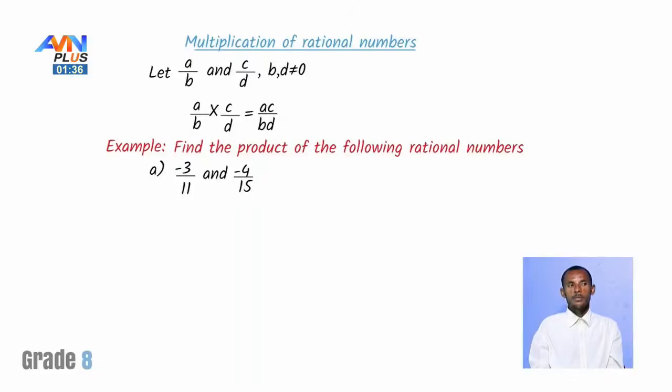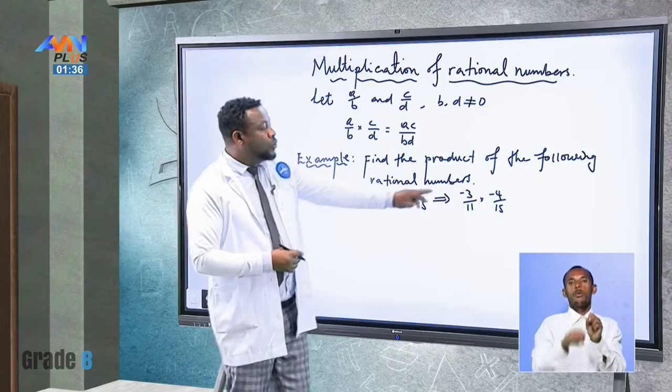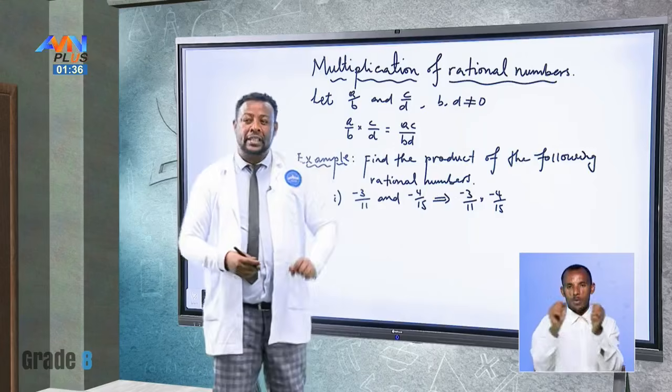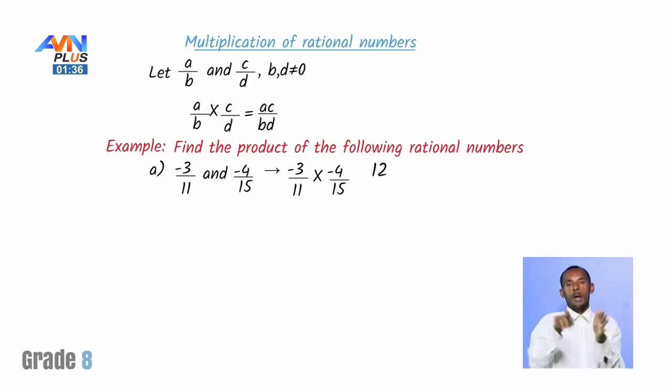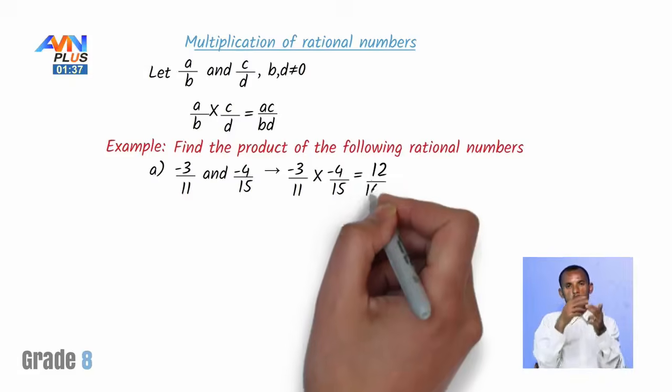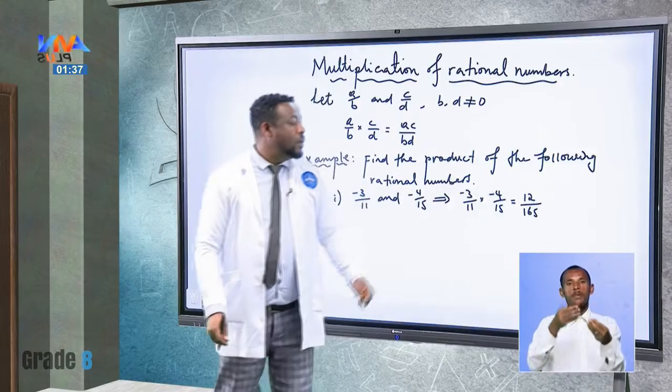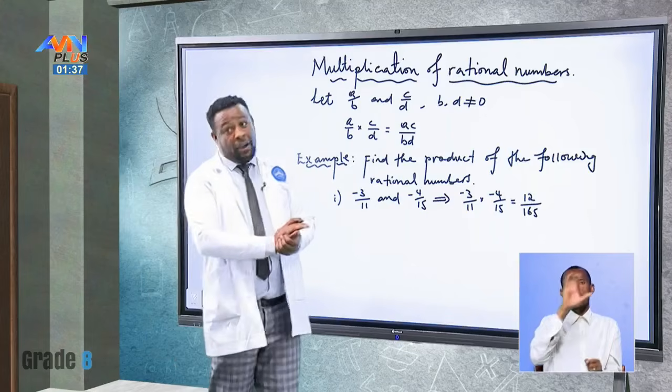Minus 3 over 11 times minus 4 over 15. So you multiply numerators with numerators and denominators with denominators. Minus 3 times minus 4 is positive 12, and you multiply 11 with 15. So the product of these two numbers gives us 12 over 165.